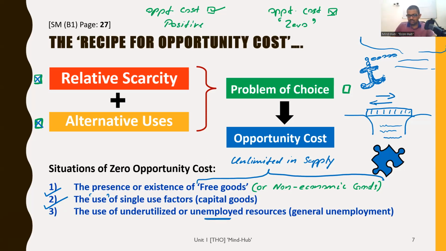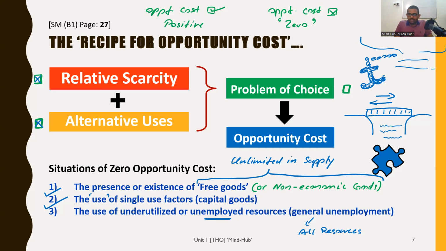The concept is called general unemployment. Here the word general meaning all resources. Unemployment of all resources. The word general is that common unemployment.